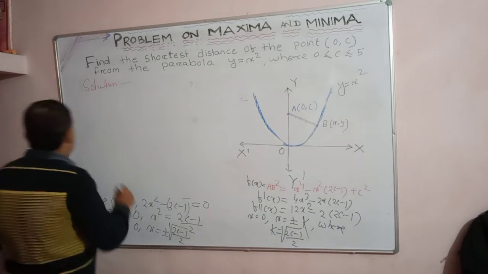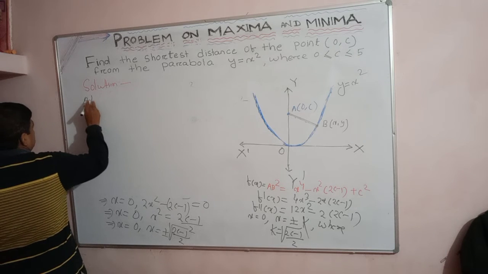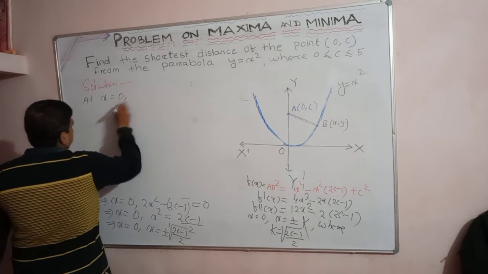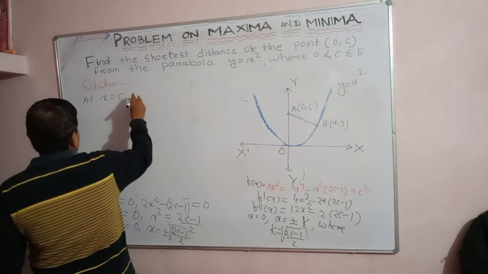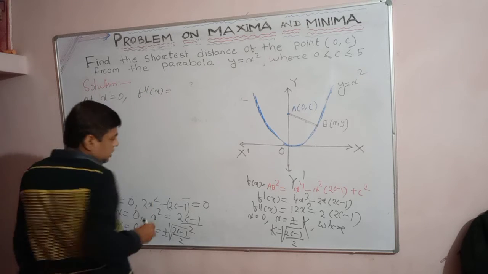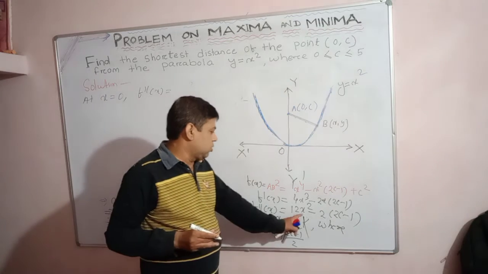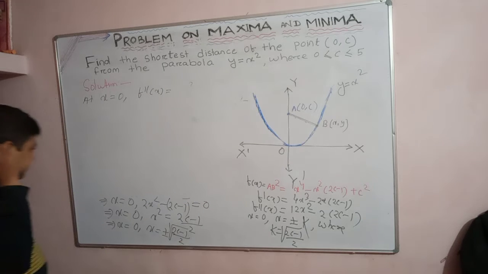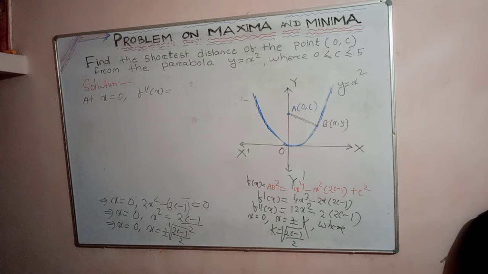So let us find out at x equal to 0, the second derivative f double dash x.